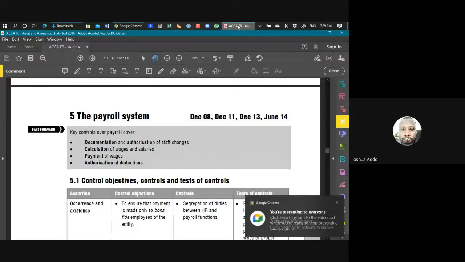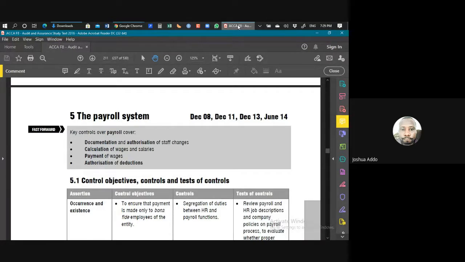We have academic staff and non-academic staff. At least this is a broader division. Inside each of these broader divisions, for example, if you take the academic staff, we have several grades. We have even senior members and non-senior members.